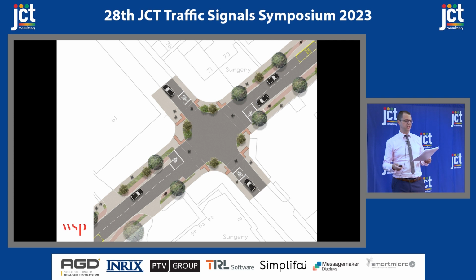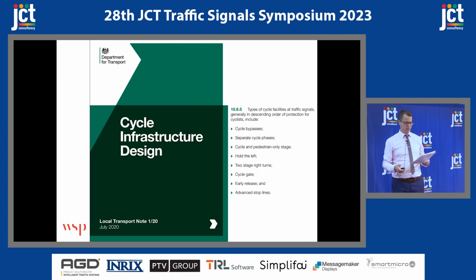Just because you've seen ASLs, early releases, cycle gates used in numerous places before, doesn't mean they're the right options for your site, or even the only options available. LTM 120 and Chapter 6 give us a list of options, but neither of them say that they're the only options. As long as what you're proposing will be safe, clear to understand for users, and achieves your objectives, then why not?